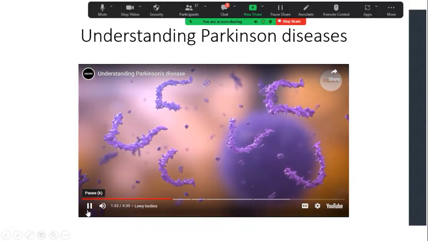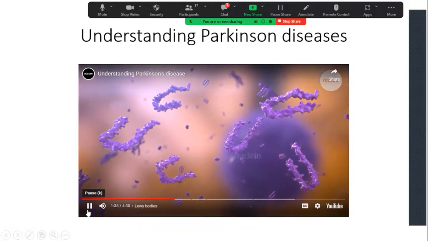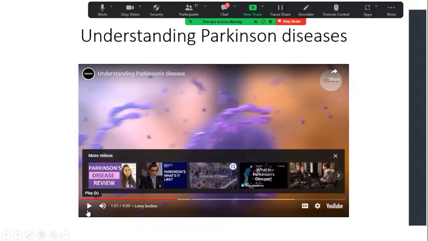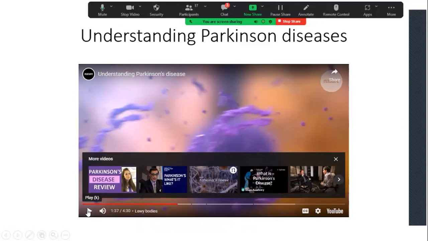A characteristic component of these is a misfolded protein called alpha-synuclein. Alpha-synuclein is actually an antioxidant, part of the superoxide dismutase. Those proteins get misfolded and become prions, and they accumulate and end up forming those Lewy bodies.